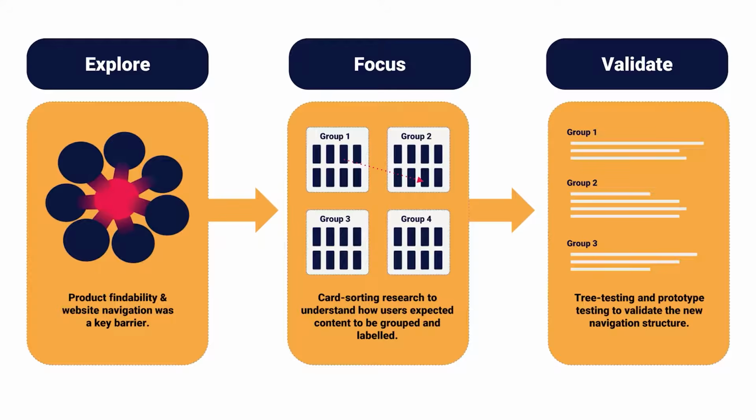In this particular case, we weren't able to A/B test through technical limitations, so tree testing provided us with the data required to feel confident in the decision of changing the main navigation on the website. So this is an example of how exploratory research can flow into focused research and then into validation research.